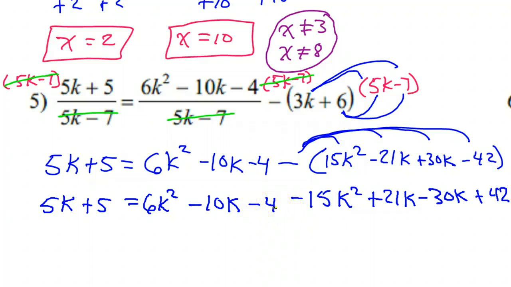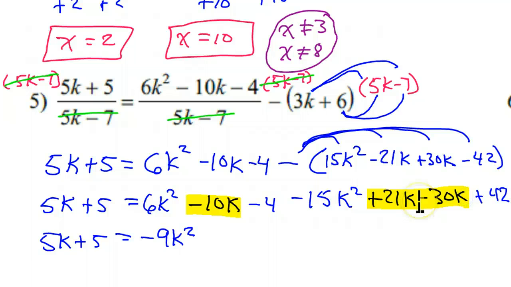So, time to combine like terms. Alright, I've got like terms here and here for starters. So I've got 5k plus 5. Now together, this is going to make -9k squared. Let's see what's next. Okay, so let's see, I've got -10k, and I've got all of this.